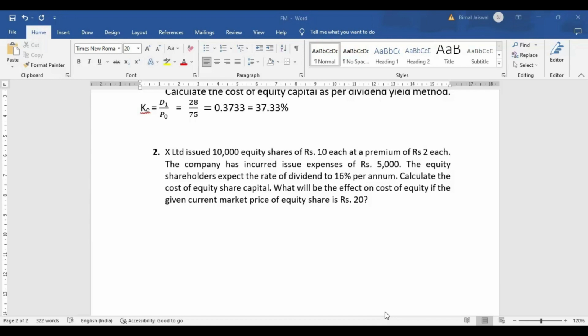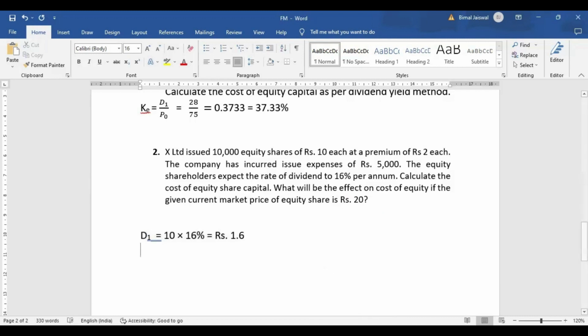So when we calculate from the first situation, rupees 10 is the amount of equity, 16%. So dividend, as per this information, should come as 1.6. This will be your amount of dividend.